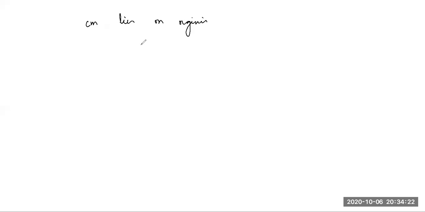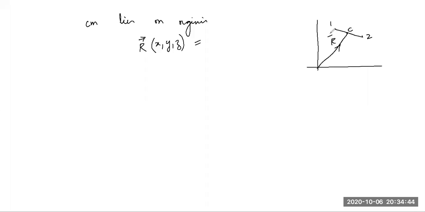Then the R vector, x, y, z, would be equal to, see, when you had a two-point system, this was your first point, this was your second point, and the line connecting these two had point C. So this was your R. And now they say it's at the origin, even if you have so many points. This is equal to the origin, this is equal to 0.